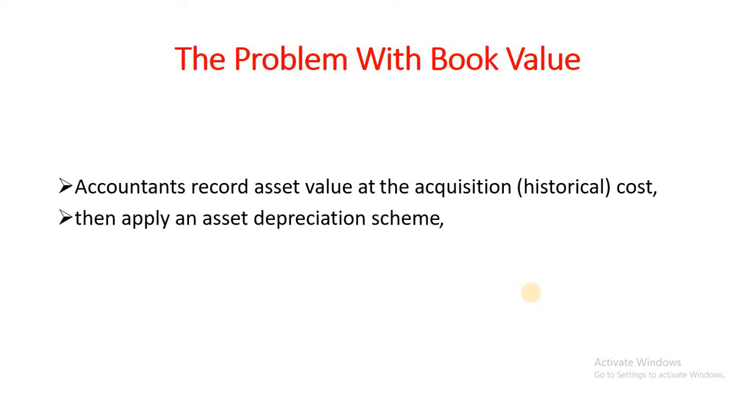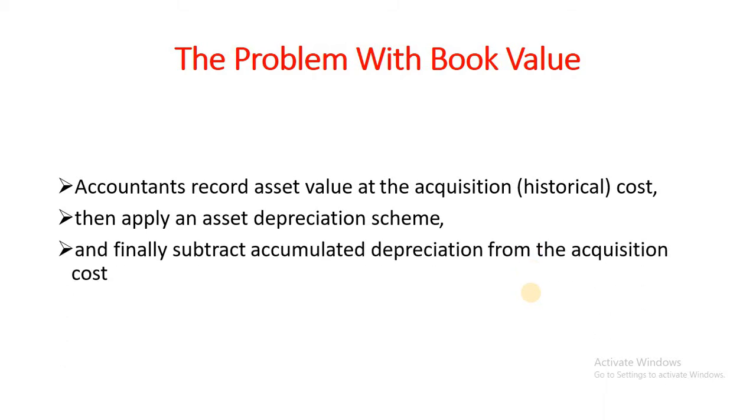Then, accountants apply an asset depreciation scheme, and finally they subtract accumulated depreciation from the acquisition cost of the asset. But the question is, isn't that the market value? The answer is normally book value of an asset differs from its market value.